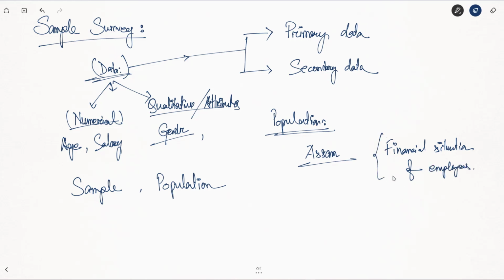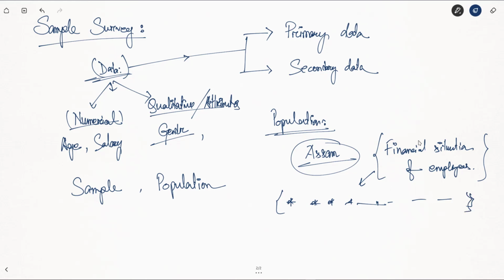right? So if this is my study objective, and this is my area of study, Assam, that means in that case everyone that is employed in Assam, every employee of Assam, the group of those people will be called the population with respect to my study, right? Every employee who is working within the geographical location of Assam will be called the population.